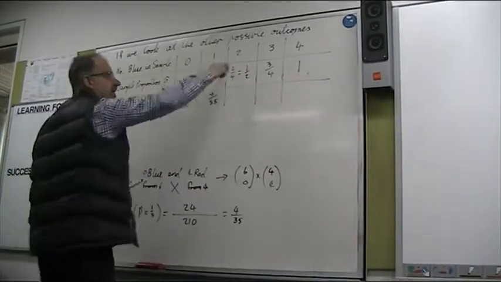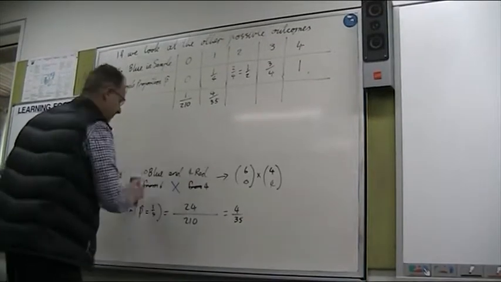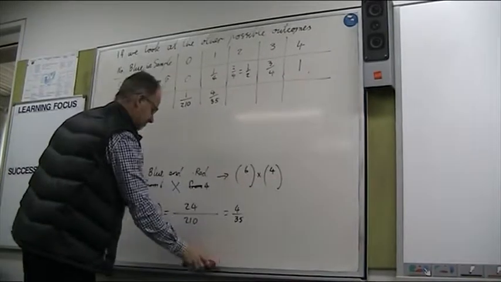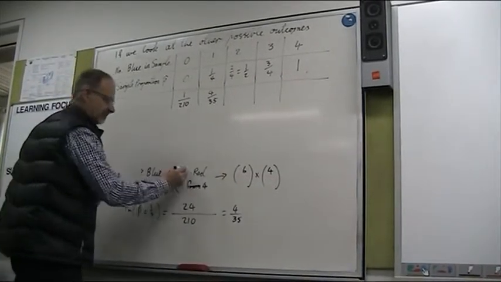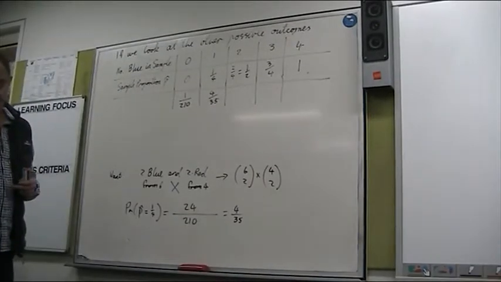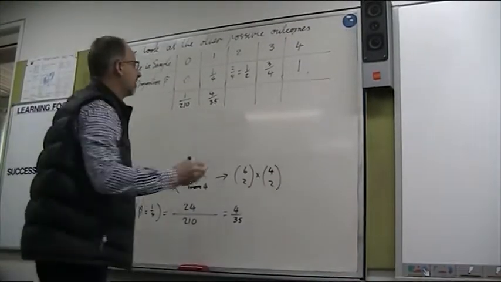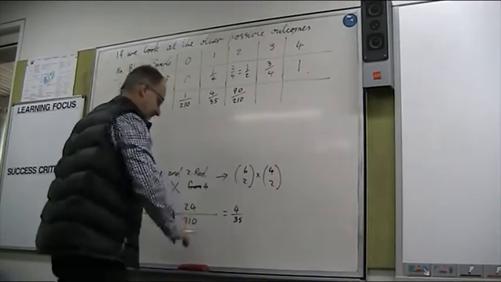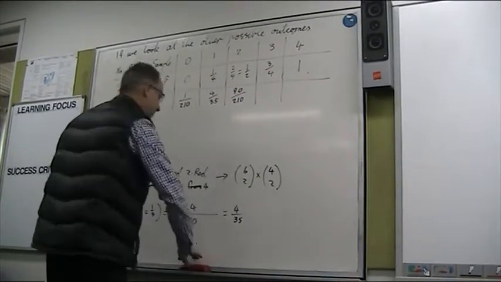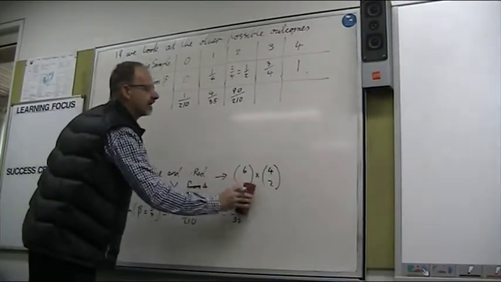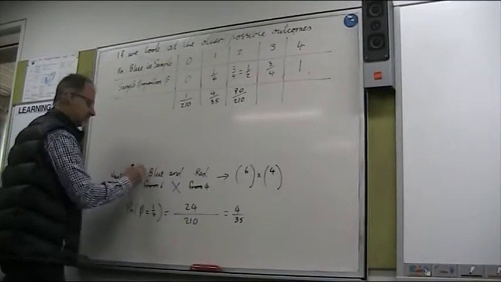If we wanted to know the probability of getting 2 blue balls, then 2 changes. And so you get 90/210. May cancel down, but I haven't bothered with that. 3 blue balls, we change this in our calculation.